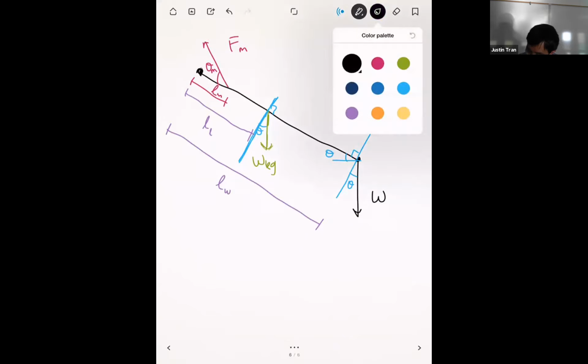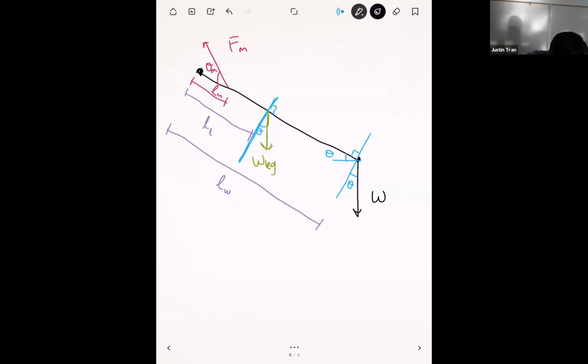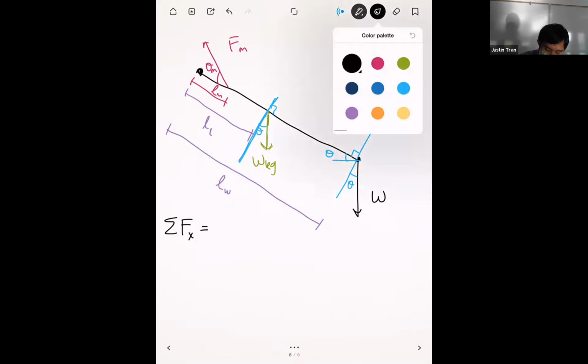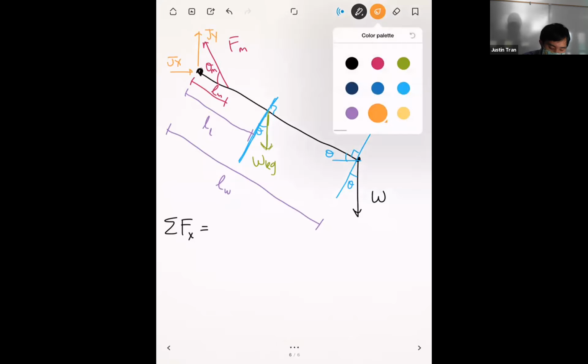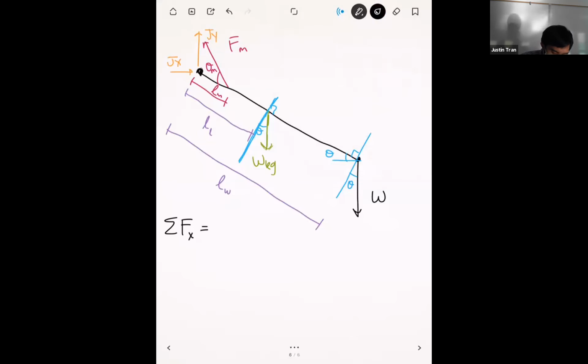Okay, so let's go ahead and sum up the forces. For the sum of the forces in the X direction, let me draw on the joint reaction forces here. So we have JX and JY. In the X direction, we only have two components: JX, and then minus FM cosine.